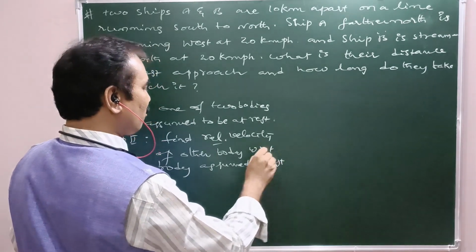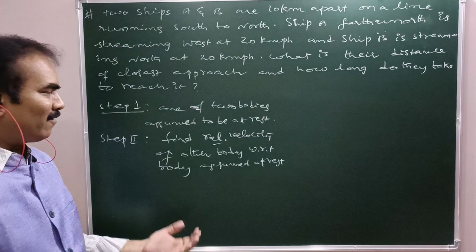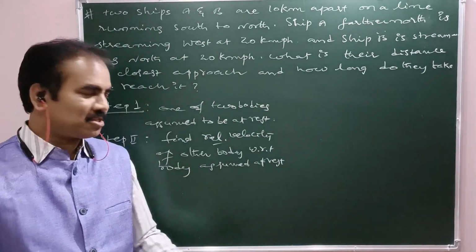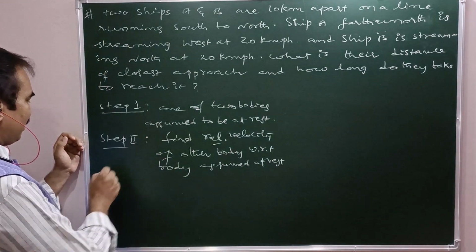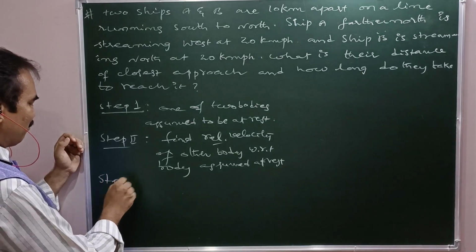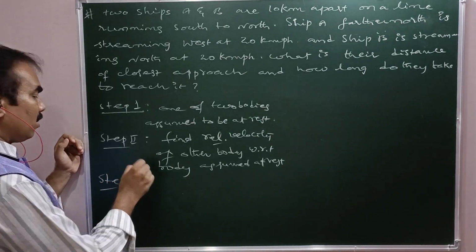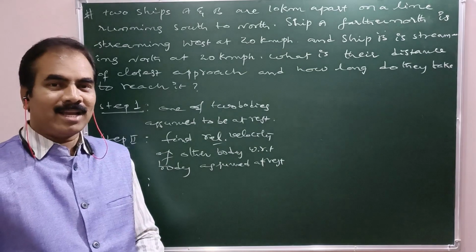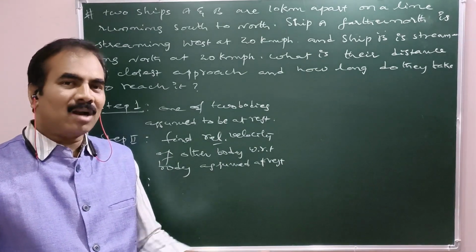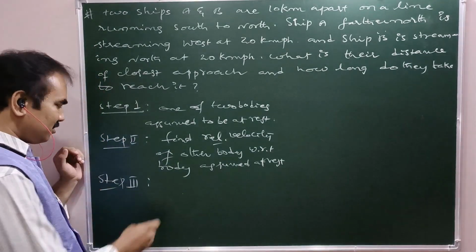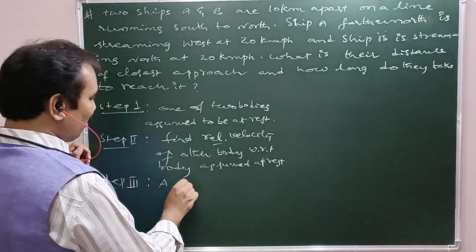Right? So find the relative velocity of the other body with respect to the body which is assumed at rest. Now, step 3. What is step 3 involved here? Step 3: a normal distance from the body assumed to be at rest onto the relative velocity line is the shortest distance. That's all.